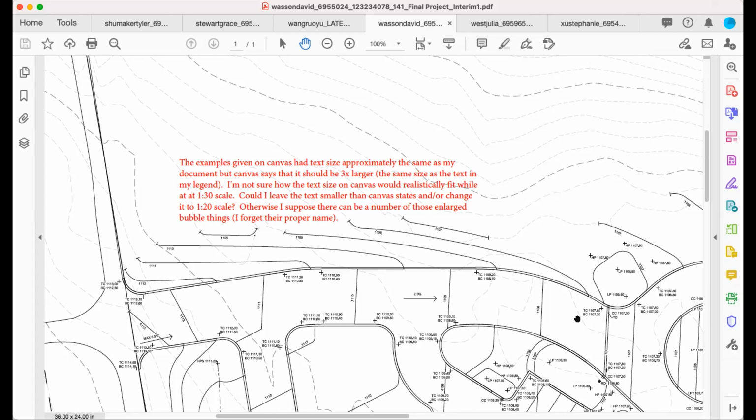What I understand is, when we print it out, we would print out at 1/30 scale, right? Which means if we print out the real size, on paper it will appear as 1/8 of an inch instead of 4 feet.